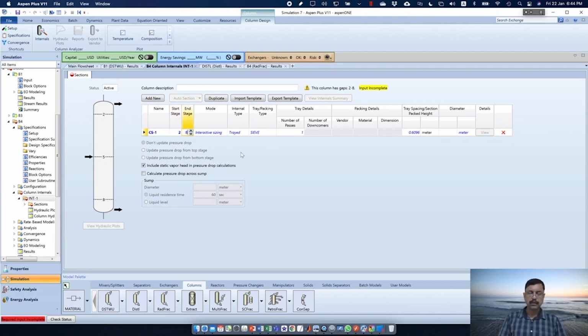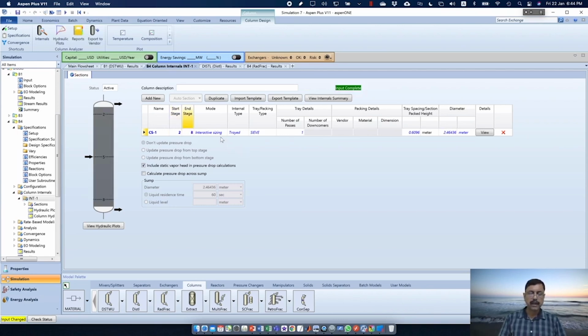Now here we have the option of interactive sizing as well as rating. The beauty of interactive sizing is that if you give very little information, Aspen Plus, based on its inbuilt data and information, can calculate and suggest some column internals.